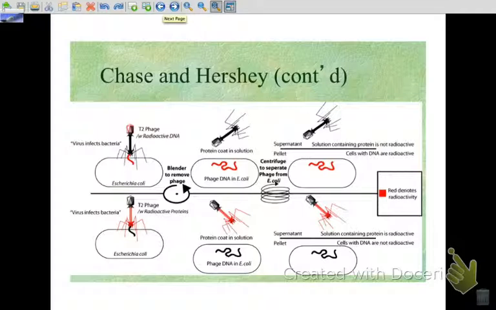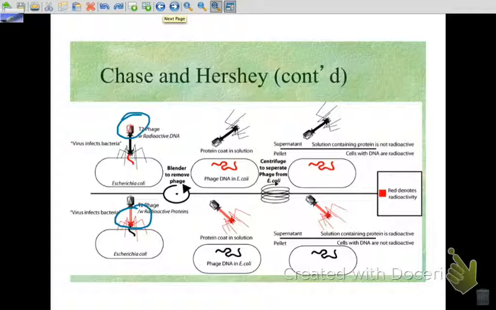I think you have this one. This covers the flow of the experiment. The top half is talking about the radioactive DNA. You can see that it's highlighted up there, that it's only the DNA that's radioactive. The bottom is talking about the proteins being radioactive. At the end, they looked at the cells, and whichever cell was radioactive, they knew that's what got into the cell.